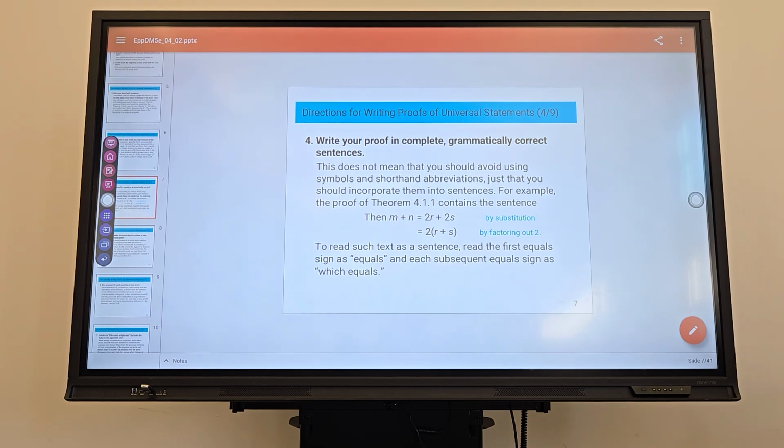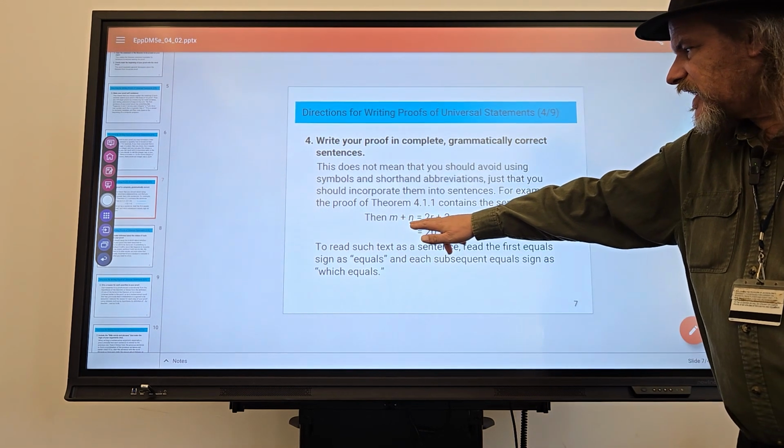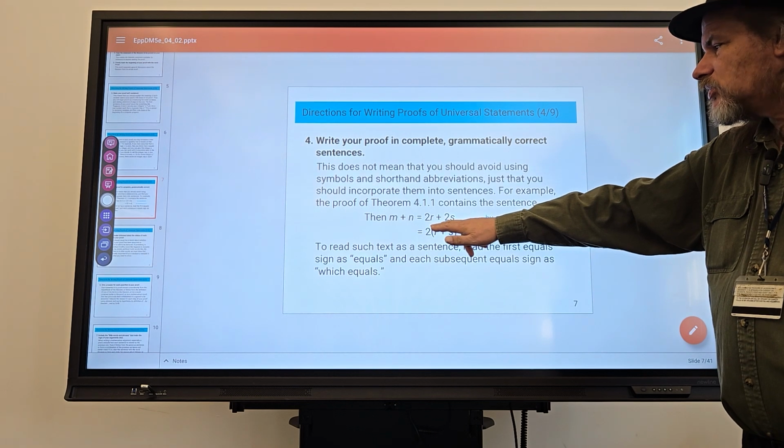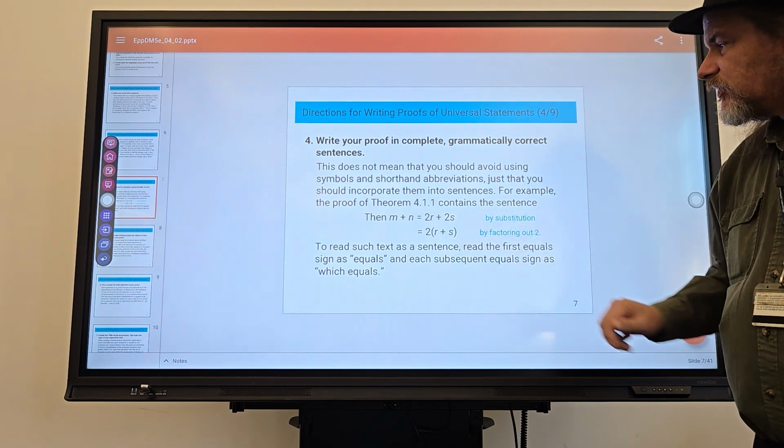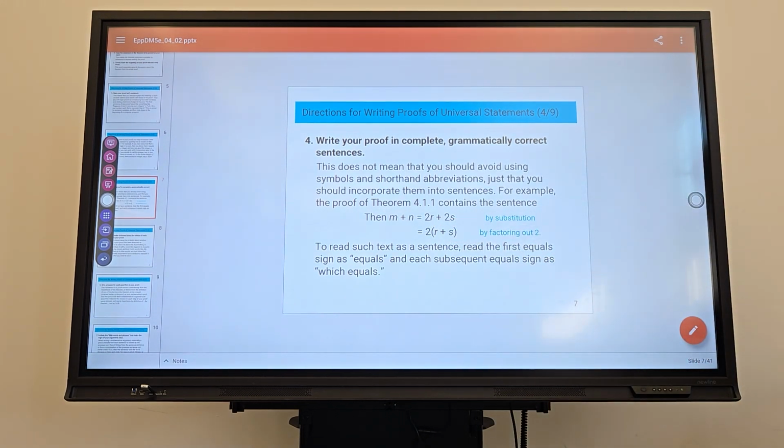For theorem 4.1.1, this contains the sentence, then m plus n equals 2r plus 2s. That is a grammatically correct statement. It uses symbols and variables, but it is a complete sentence when read out loud.